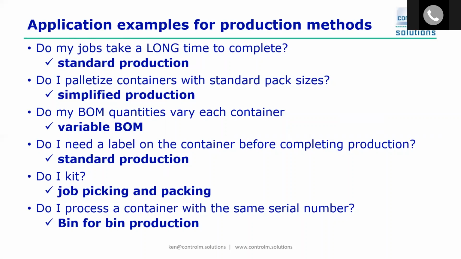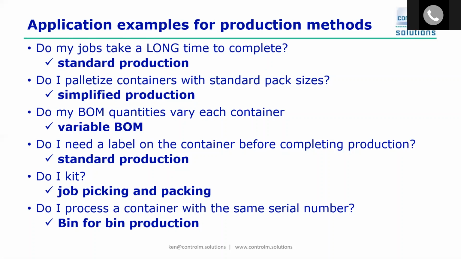Or maybe my production managers and others want to see efficiency reports by the hour or by the shift. If we have long jobs and I use simplified production, I don't get a record until I actually hit the produce button. So from the efficiency standpoint, it may look like it took a long time to produce this thing.